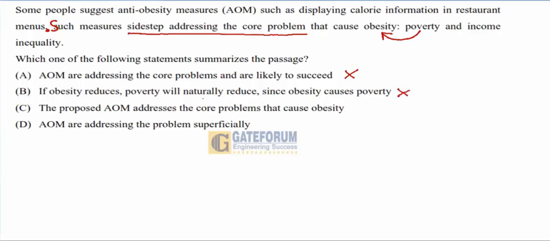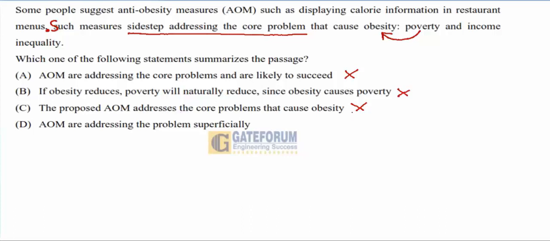Number C, the proposed AOM addresses the core problems that cause obesity. Once again, a repetition of statement A. Here it is saying they address the core problems, whereas in the actual statement, it has been said that they sidestep addressing the core problem. So this is wrong.